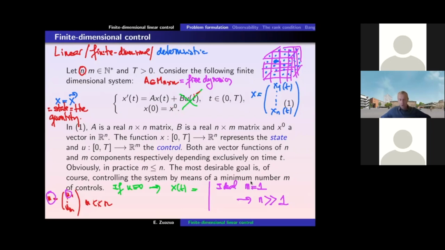And what is the goal? Well, the goal typically can be written in the form of trying to reach some given target at the final time. You are planning a trip and you say, okay, I would like to be tomorrow at noon, I have a lunch in Beijing. So then I have to organize my trip so that tomorrow at 12 at noon, I'm sitting in that restaurant when I meet my friends.